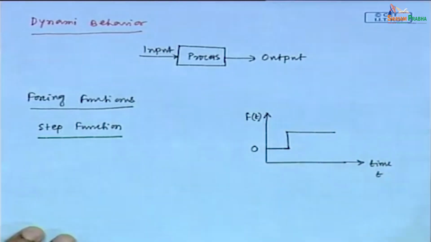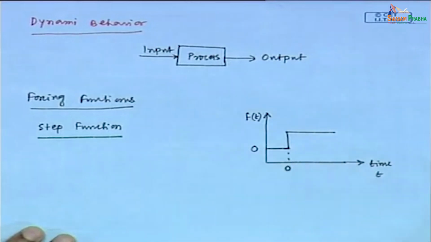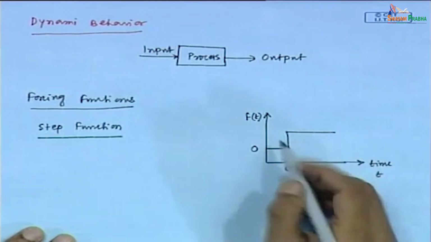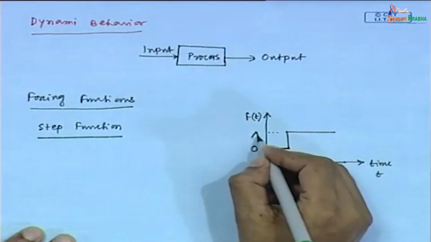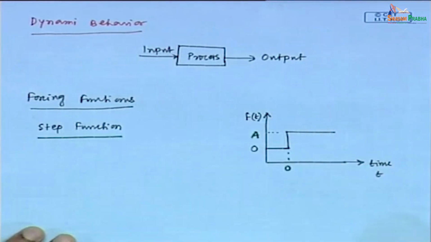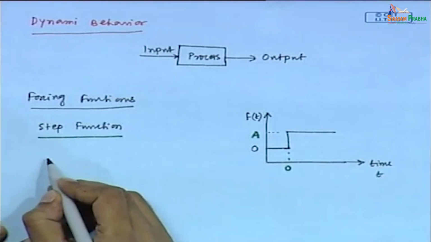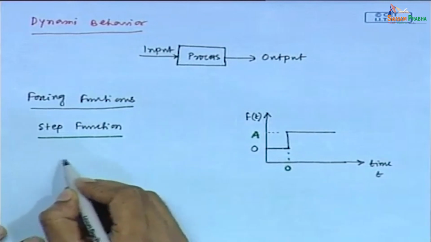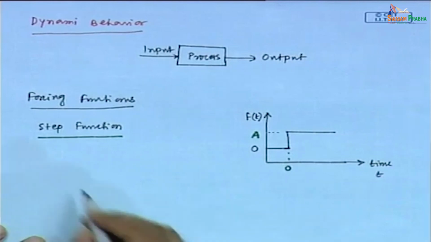Now, we are changing this f value at suppose time t equals to 0, and the magnitude of this change is suppose a. This is the step function which we have represented graphically here. Now, how we can represent it mathematically? F t equals to a, that is the step function.